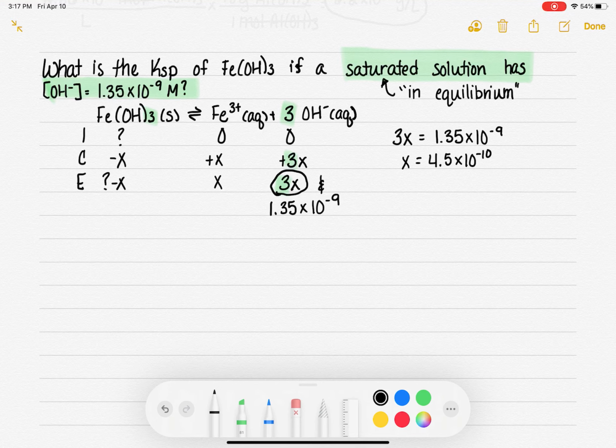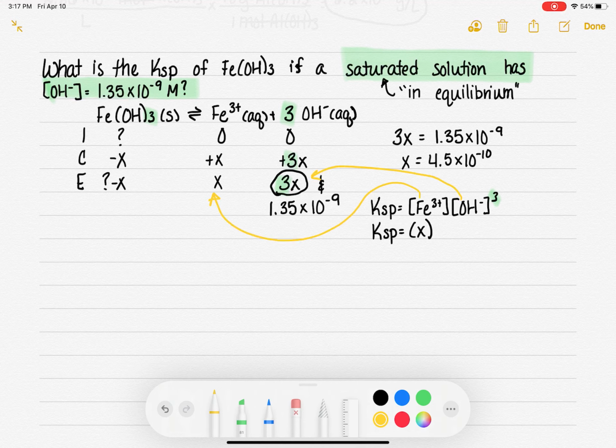Let's see what that does for us when we're putting together our equilibrium expression Ksp. Ksp is Fe3+ times OH-. Don't forget to cube it. What is Fe3+? Fe3+ is X from the ice table. And what about OH-? It's 3X.